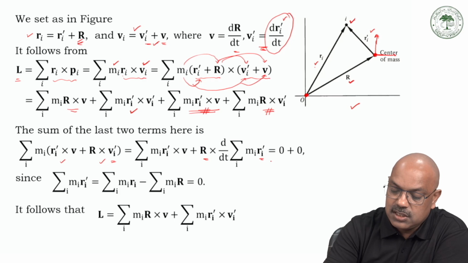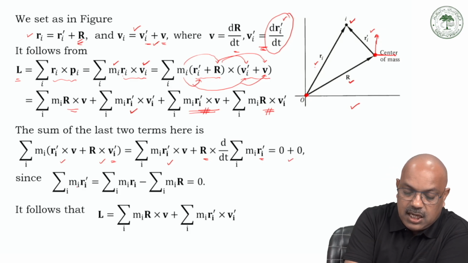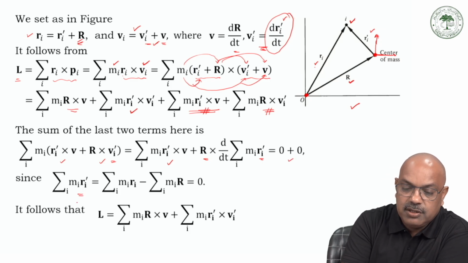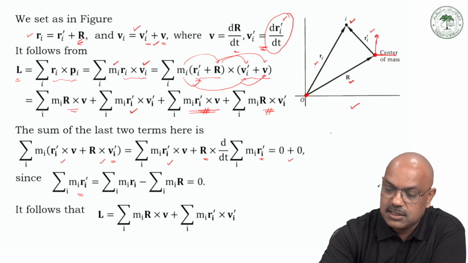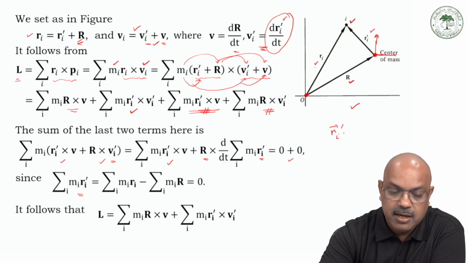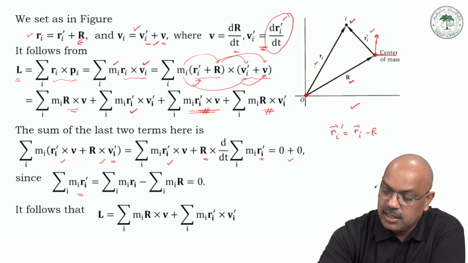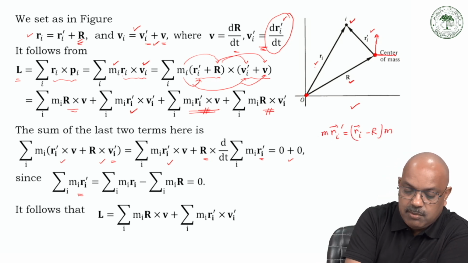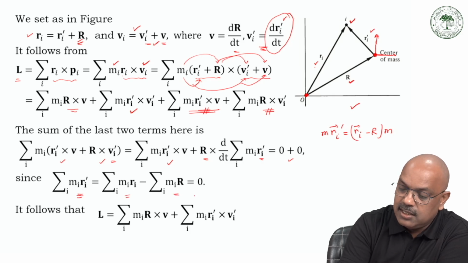This is going to be 0. Why is the total 0? Because Ri prime is Ri minus R, so multiplying by mi gives mi Ri minus mi R.